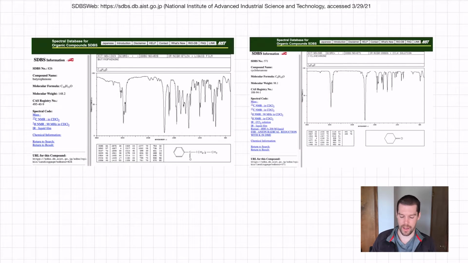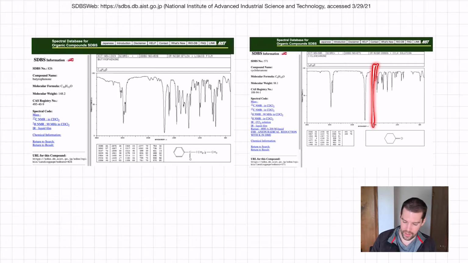Okay, so our next group of compounds, really all I wanted to do was differentiate between these carbonyls right here. And we see that we have a benzene ring, and here is just a regular cyclohexane. So the carbonyl, right around 1700.